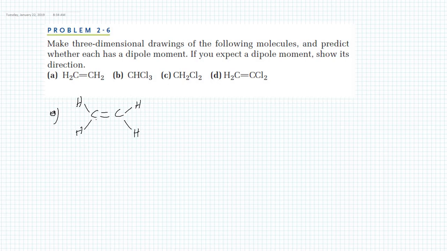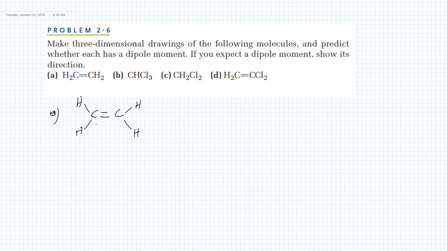So basically this is the shape of the molecule, and this carbon has sp2 hybridization, and this carbon has sp2 hybridization, and the bond angles are 120, the expected bond angles. So basically the shape of the molecule, or molecular geometry, we can say it's planar.